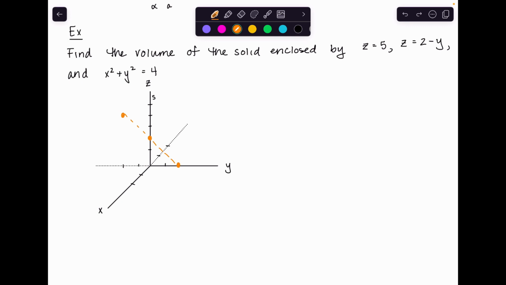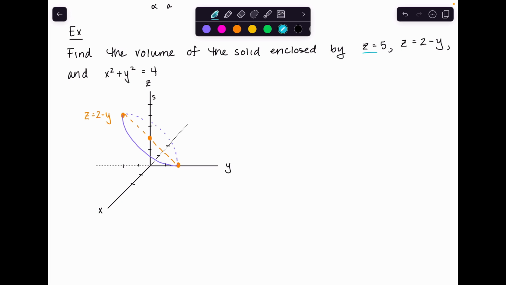So really what's happening is it's going to get sliced kind of like this, because it's got to fit inside the cylinder. So this will be z equals 2 minus y.